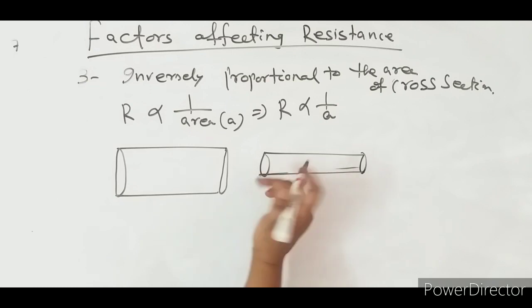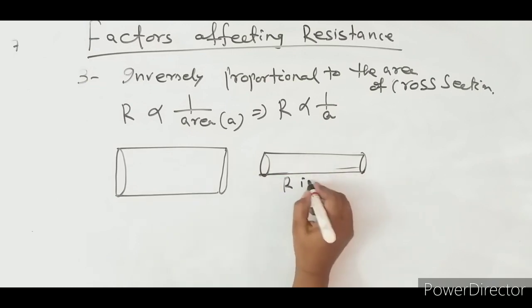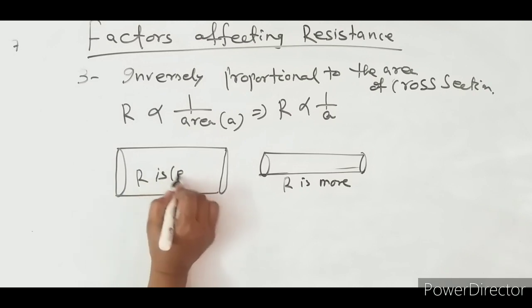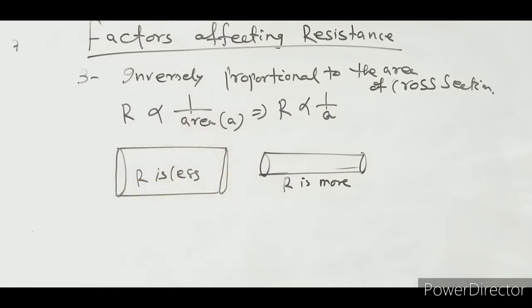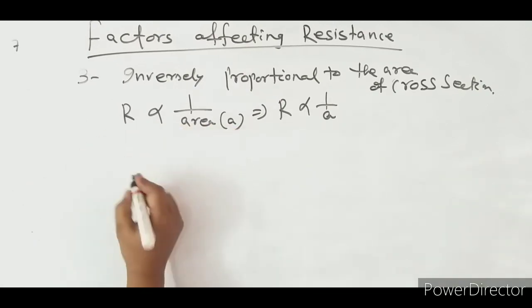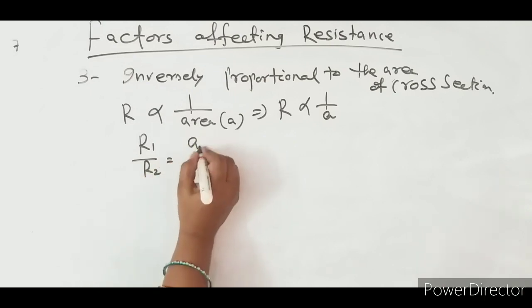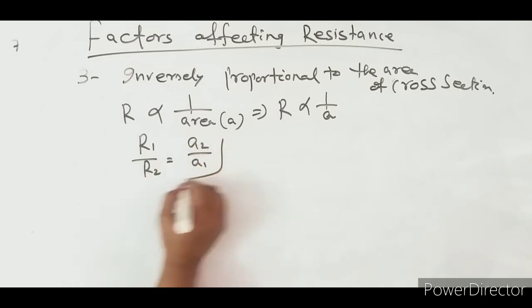Thinner is the wire, this one will have R more, this one R less. This is the relation. The more the area, the less the resistance. The less the area, the more the resistance. Clear? So what I can represent here is R1 by R2 equal to A2 by A1.